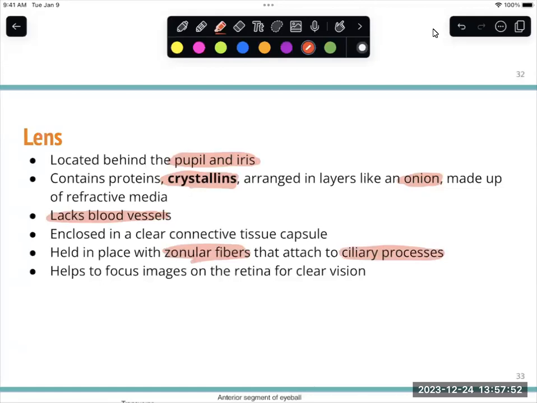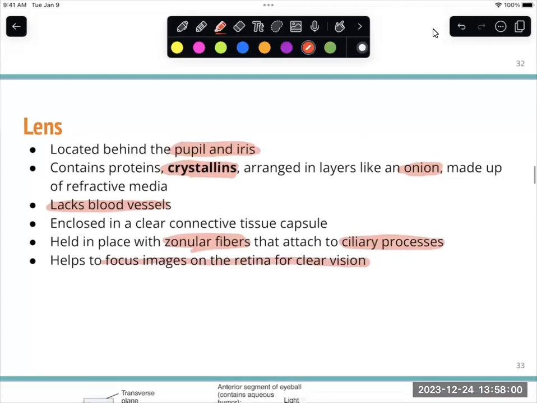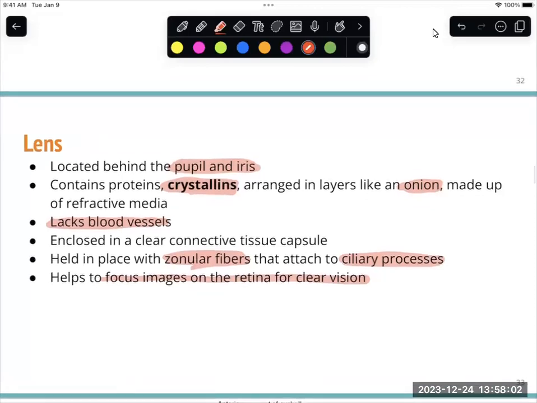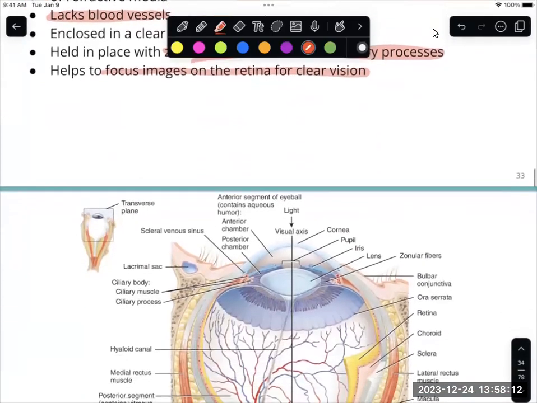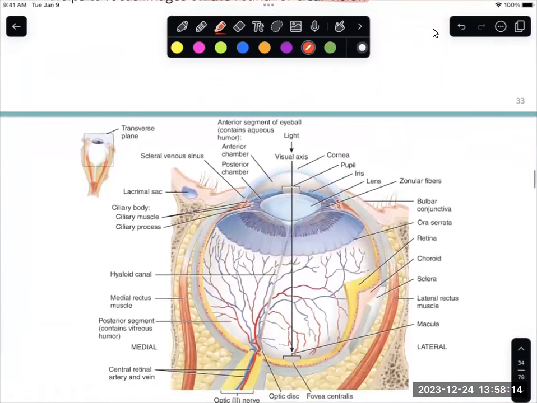Your lens's job is to help focus images onto the retina. Just like lenses in glasses, your lens is a natural form of glasses that helps to focus in. So here's that lens. As we can see here, I'm coloring in red highlighter.